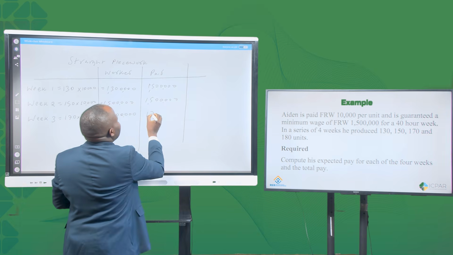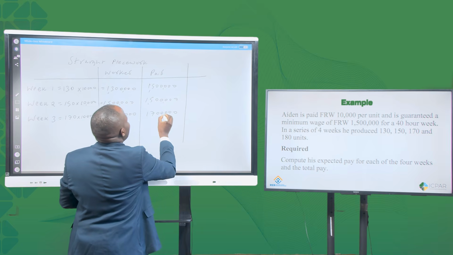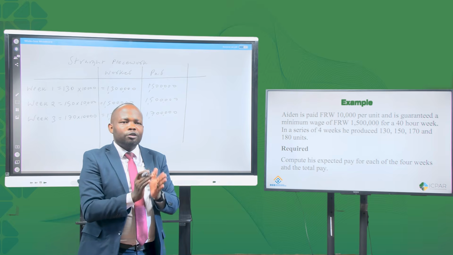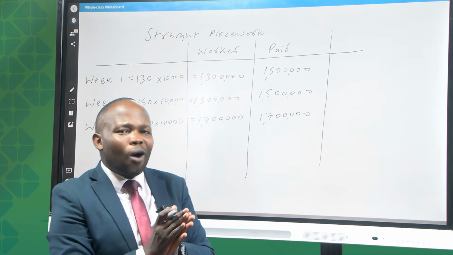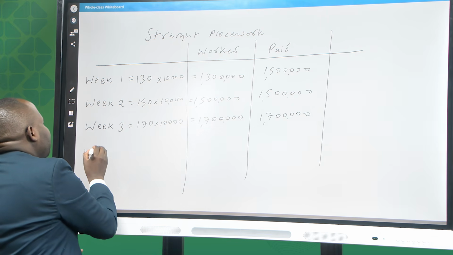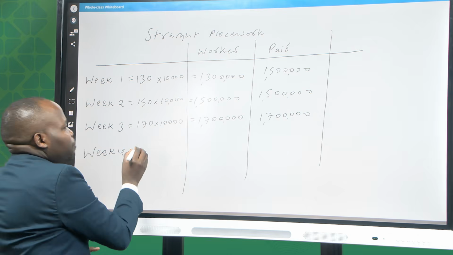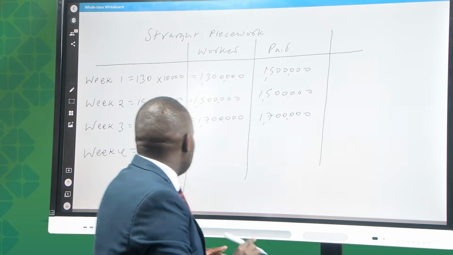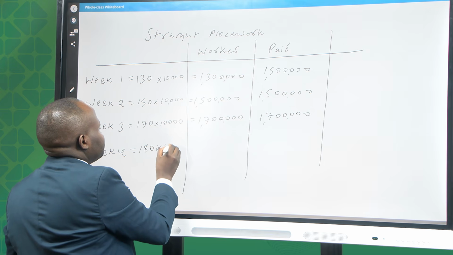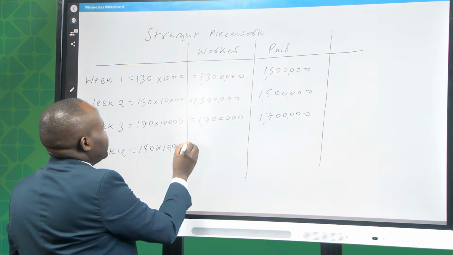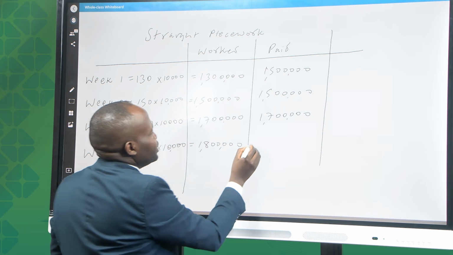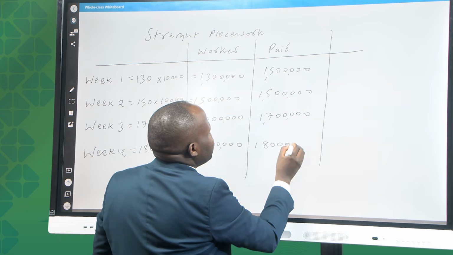They will receive the 1.7 because it is more than the minimum. The rule is: if you work for less than the minimum, you receive the minimum. But if you work for more than the minimum, you receive what you worked for. And week 4, they produced 180 units. So it is 180 times 10,000, which is 1,800,000. They will receive 1.8.